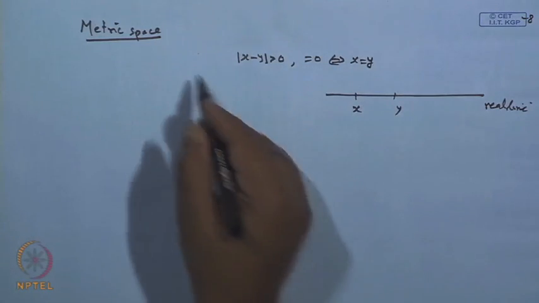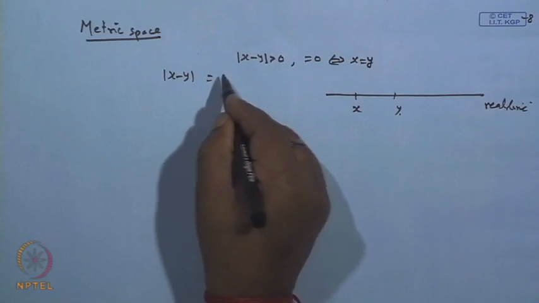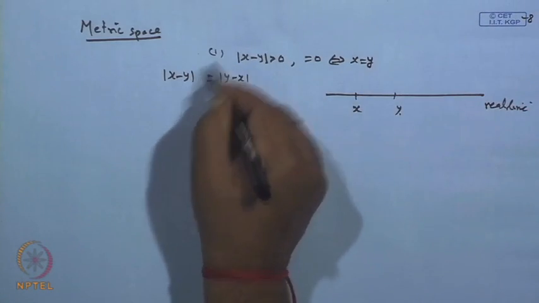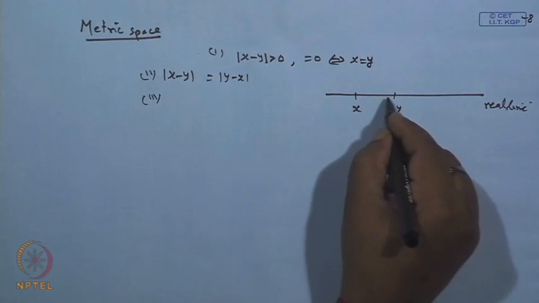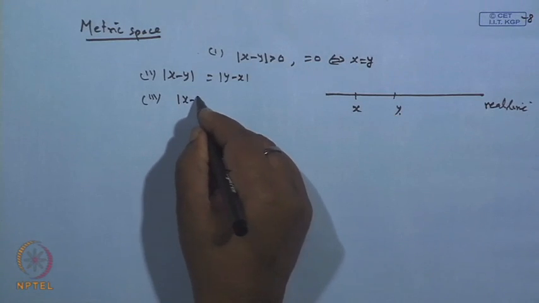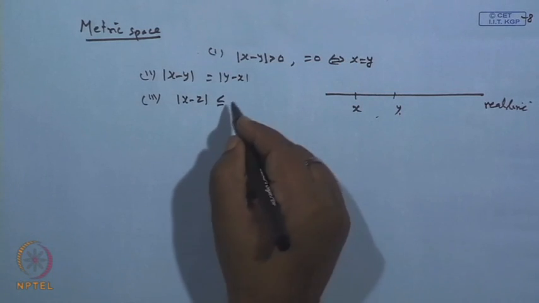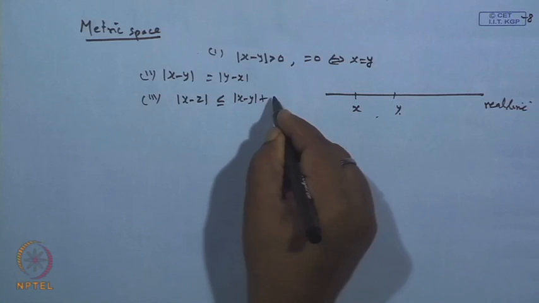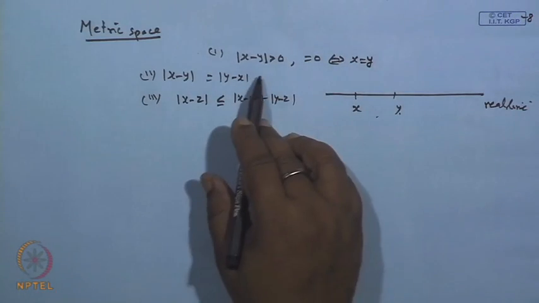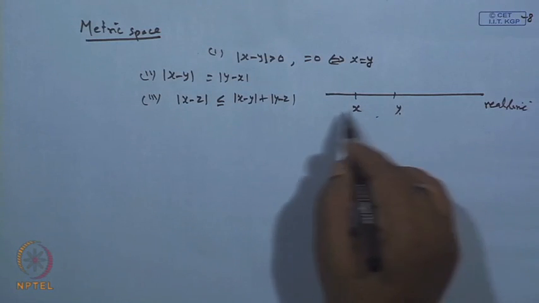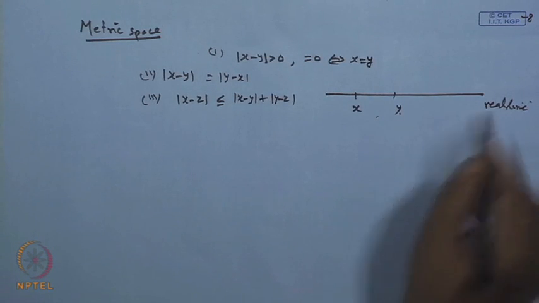Then if we measure the distance either from x to y or from y to x, both will be the same. Then third, when we take any point z, either in between x and y or maybe outside, then this will remain less than or equal to mod x minus z plus mod z minus y. So, these properties are satisfied by the absolute function, or we say the distance function defined on the real numbers or on the real line.